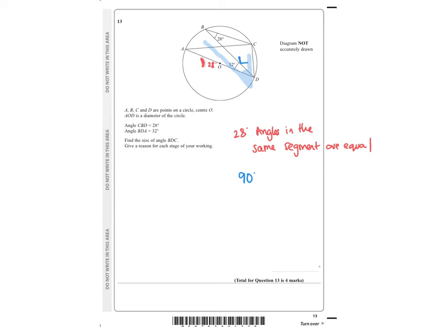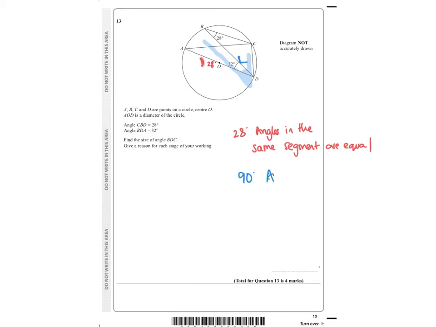We know this is 90 degrees. Angles in a semicircle form 90 degrees. So then we are able to work out this angle here, because we know that here we have a triangle, and angles in a triangle add up to 180.